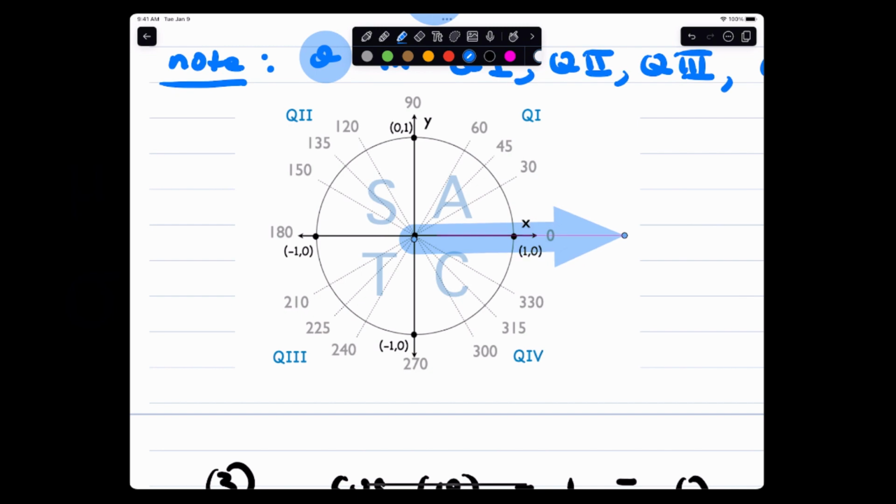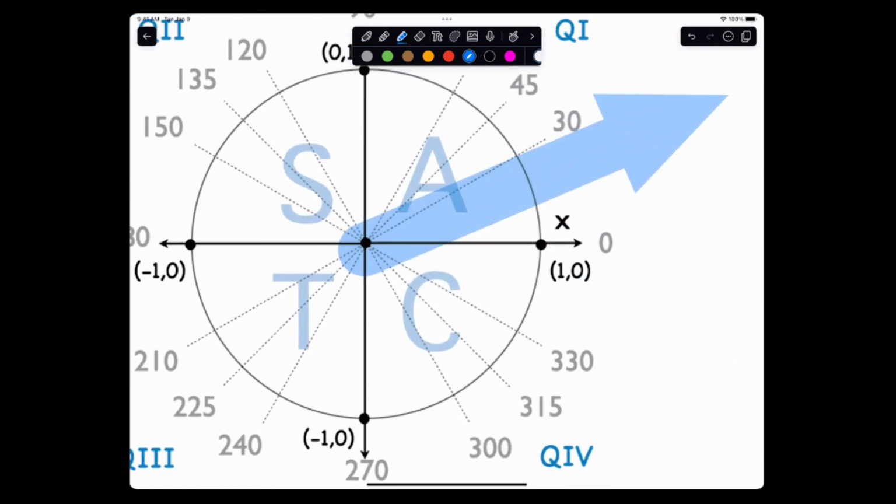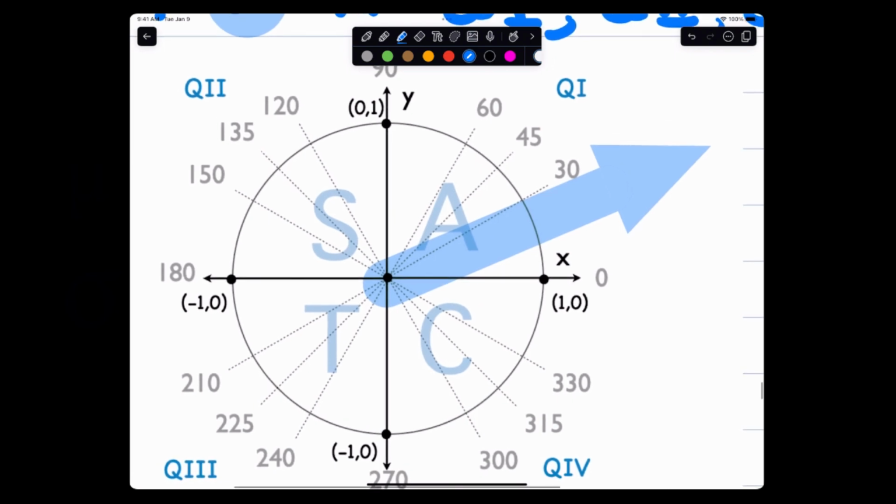So, ladies and gentlemen, I want you guys to understand all students take calculus. What that means is it tells you which quadrants these trig ratios are positive, okay? And so you're always going to have 2 quadrants where a trig ratio will be positive and 2 quadrants where a trig ratio will be negative, okay?